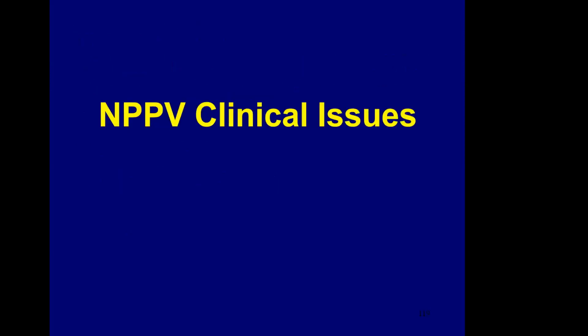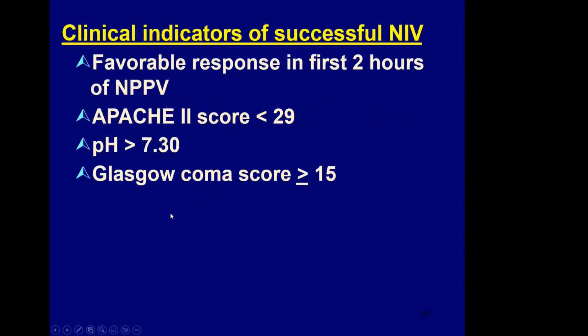Let's look at some clinical issues with NPPV. The favorable indicators that NIV will work: first, a favorable response in the first 2 hours of NPPV. The patient has an APACHE score of less than 20.